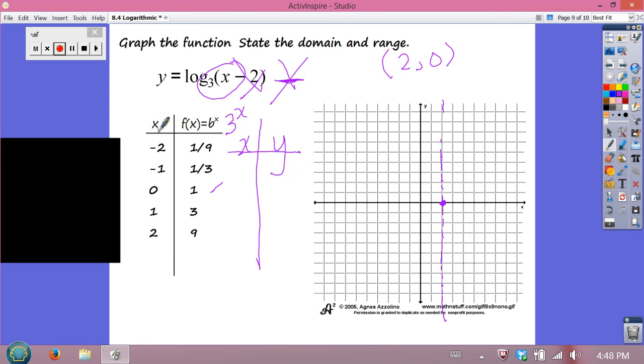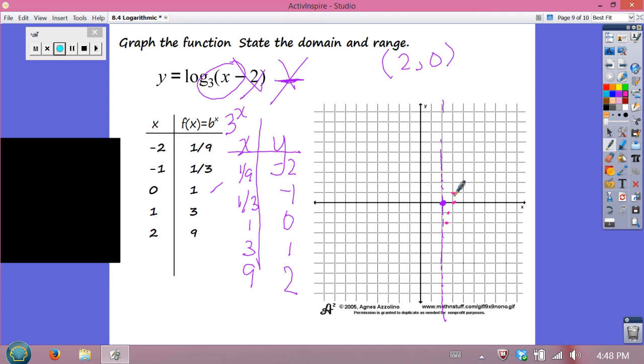Our old x values are now our y values: -2, -1, 0, 1, 2. Our old y values are our new x values: 1/9, 1/3, 1, 3, and 9. And we'll go ahead and graph those quickly. (1/9, -2). From our new origin, please don't forget to plot from your new origin. (1/3, -1). (1, 0).